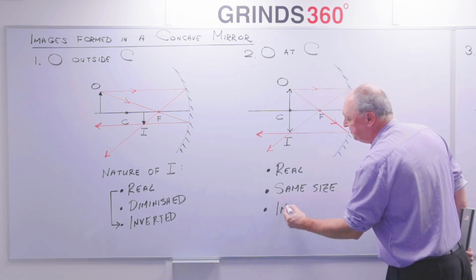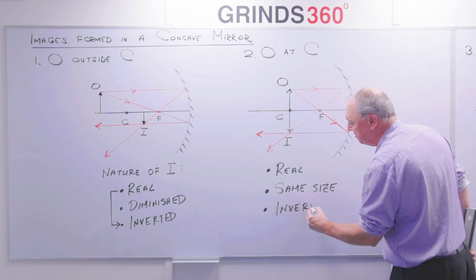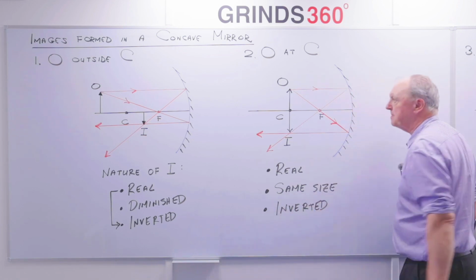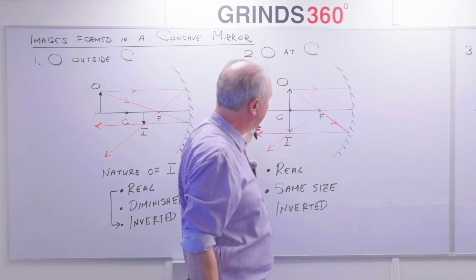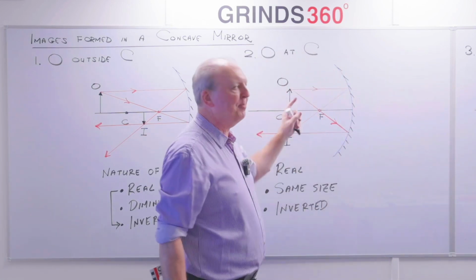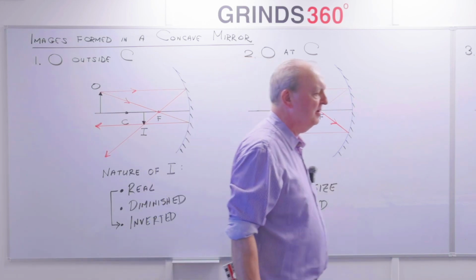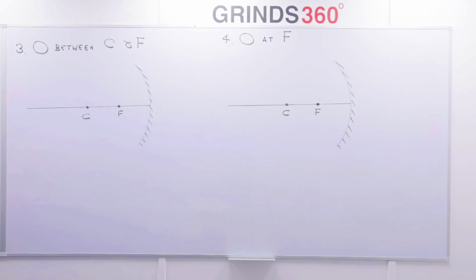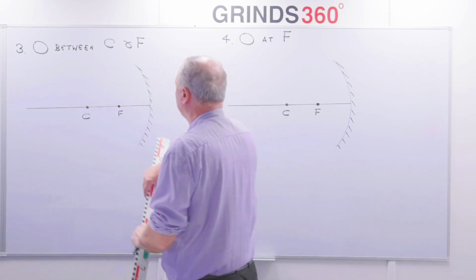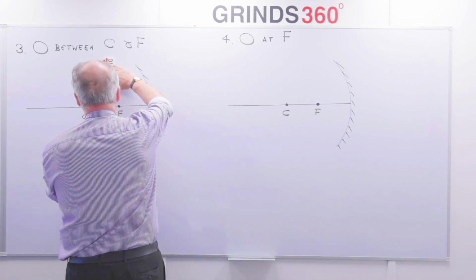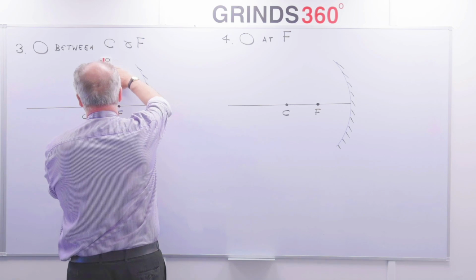So it's inverted. Now we keep on going. I'm now going to push the object in a bit closer again. I'm now going to put it between C and F. So here's my third diagram. I'm now going to place my object here between C and F.